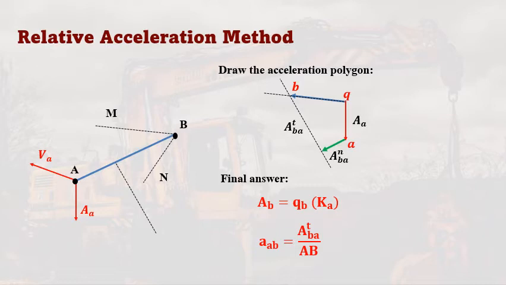So we were able to get the different unknowns using the formula that we have. So that is how we can use the relative acceleration method in finding the unknown acceleration, be it linear or angular.